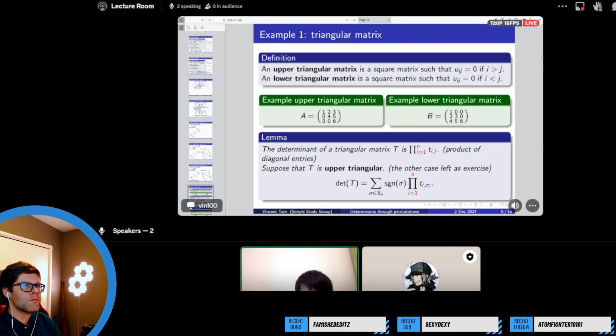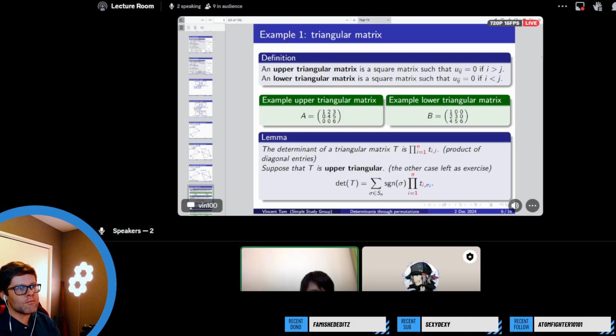Here, an upper triangular matrix is a square matrix with 0 entries below the diagonal. The entries below the diagonal must be 0.